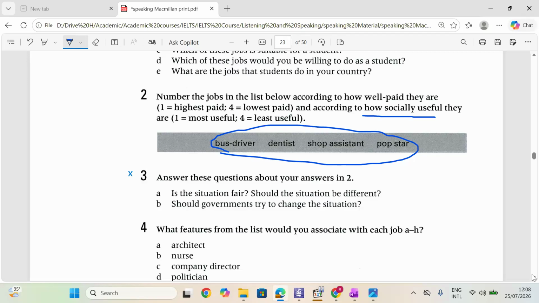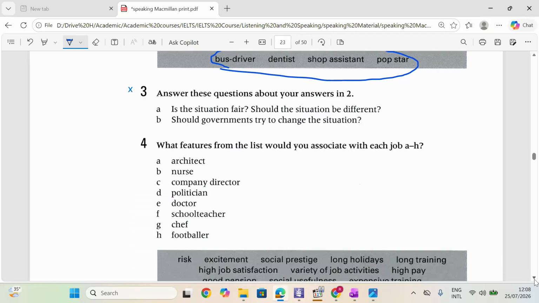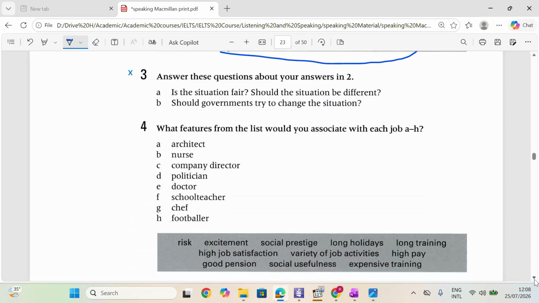Shop assistant can be replaced. People can check the costs and pay without help. And the pop star, I think he's not important. So the dentist is the most important. Okay, thank you very much for this, and let's move on to exercise 4.